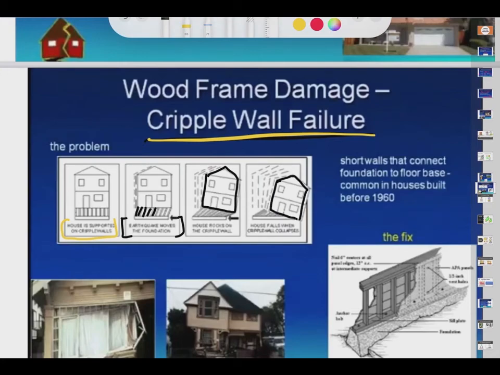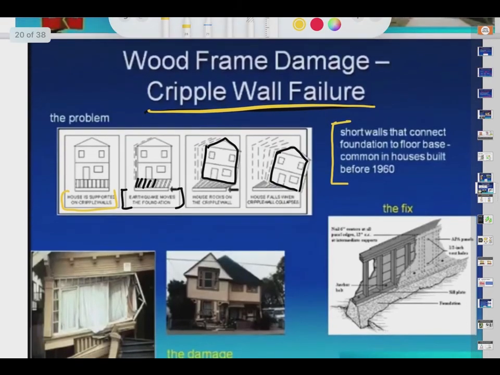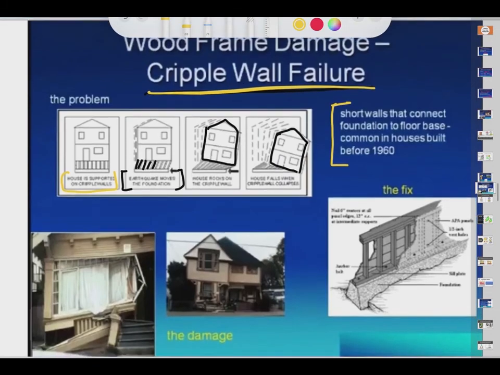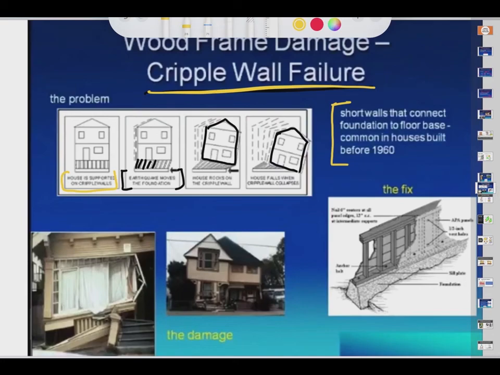And it is light. The cripple walls are the short walls that connect the foundation to the floor base, which are common in houses built before 1960. That is called cripple walls, and they generally collapse. This collapsed cripple wall can be repaired, although it is not very easy.